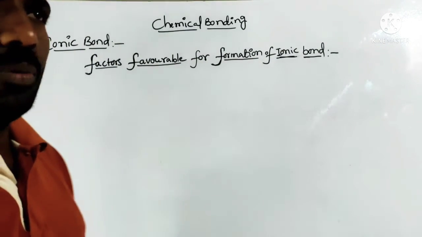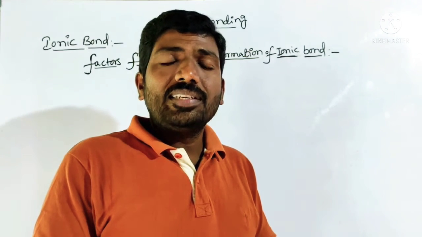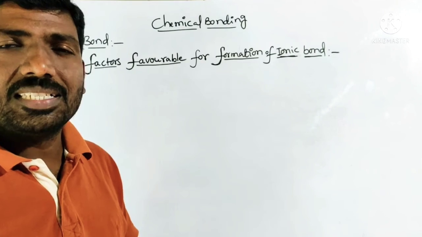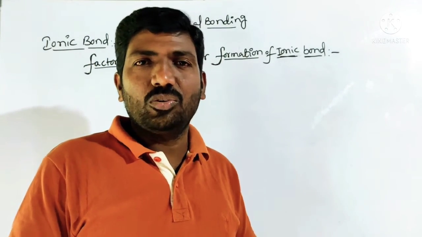Ionic bond formation generally happens between metals of the first A and second A groups and non-metals of the 17th A group or 16th A group.